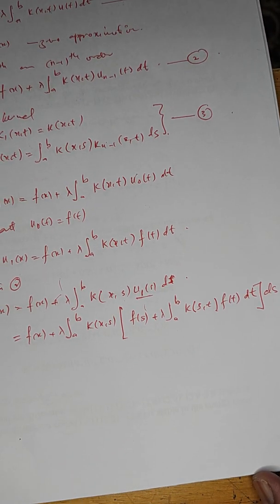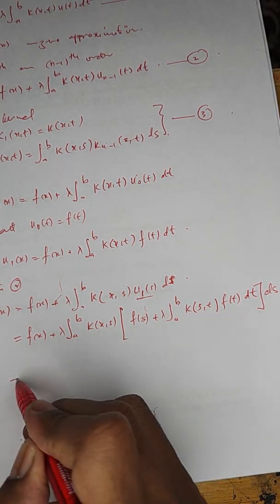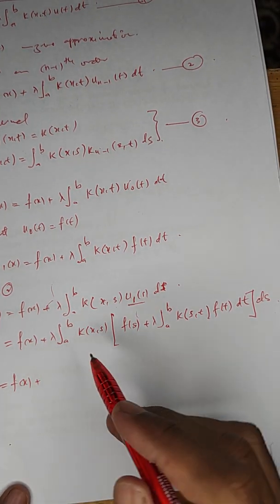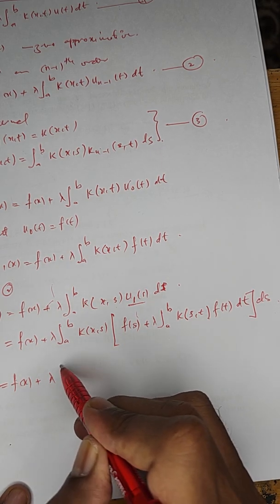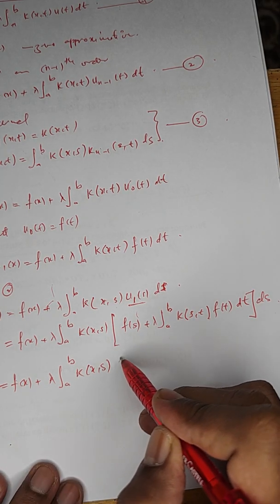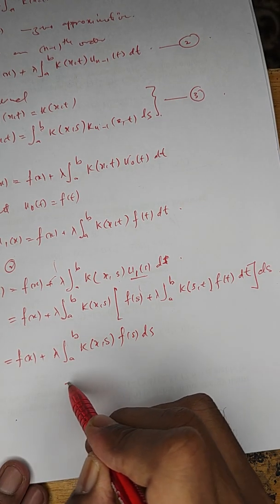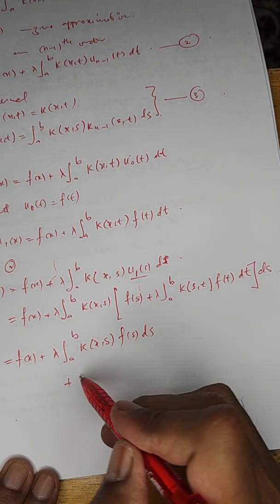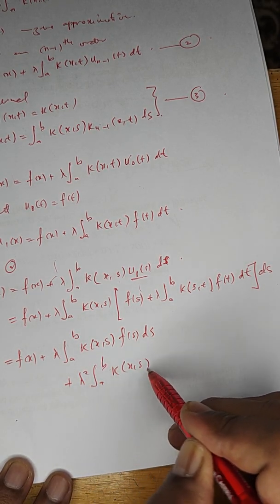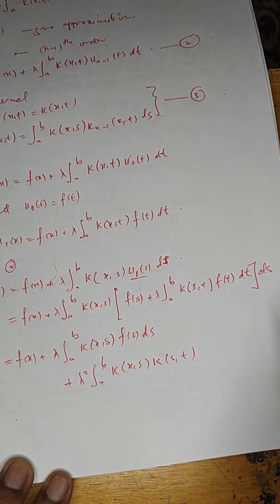Then if we open up the bracket, we have f(x) + lambda integral from a to b of K(x,s) f(s) ds + lambda squared integral from a to b of K(x,s) K(s,t) f(t) dt ds.